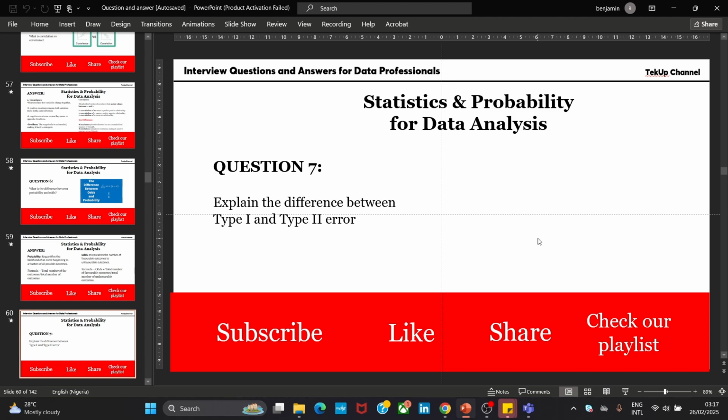We can simply say that a type 1 error occurs when we incorrectly reject a true null hypothesis, while a type 2 error occurs when we fail to reject a false null hypothesis. Now let's check the answer.